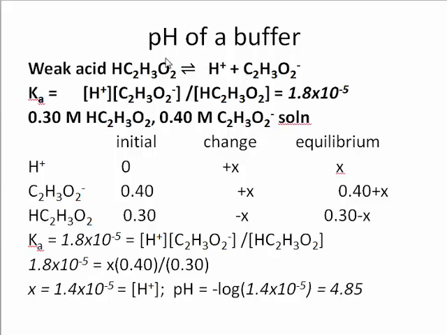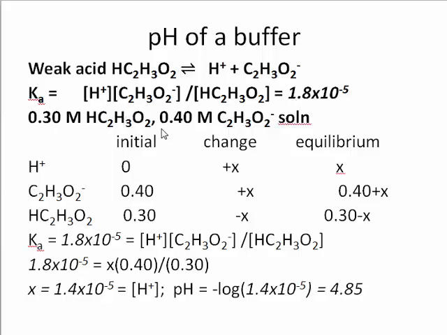And remember that the reaction in this case is acetic acid gives up its proton to form H plus and acetate. Ka has the ions in the concentrations in the numerator and the neutral concentration in the denominator, and we have seen before that this number is 1.8 times 10 to the minus 5.